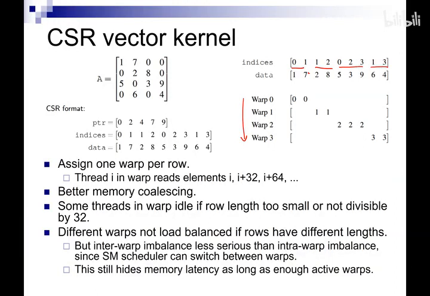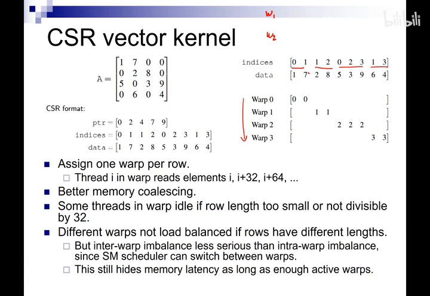Let me try to explain this. Suppose you have 2 warps, warp 1 and then warp 2. Suppose within the warp itself, both of these warps are severely imbalanced.